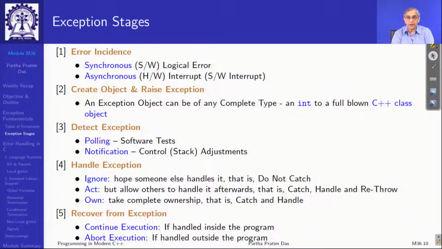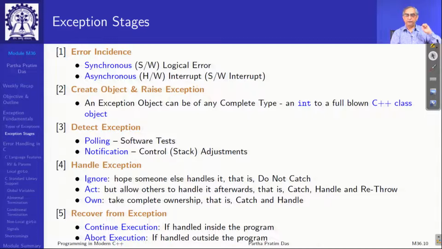There could be several strategies which are specific to a particular situation. You could ignore it; it may be okay, I know that is fine, I do not care. You could act, that is, do something and also let others do more things. So, you do something and maybe call another function to do more, or you can take total ownership.